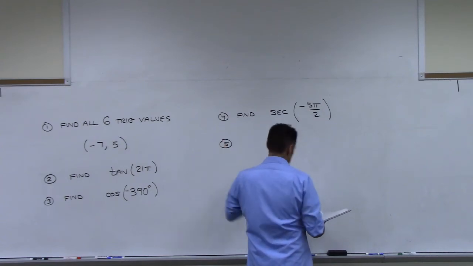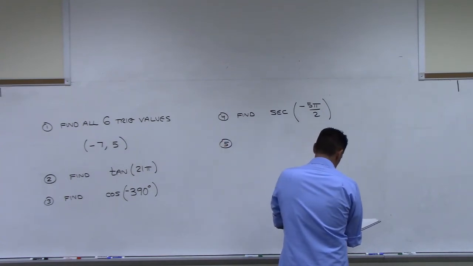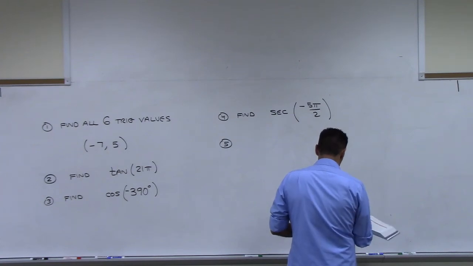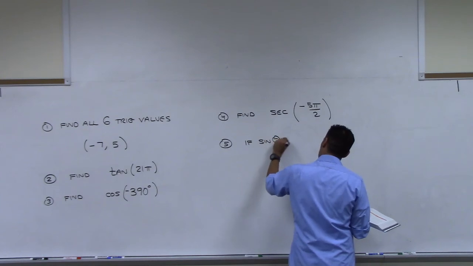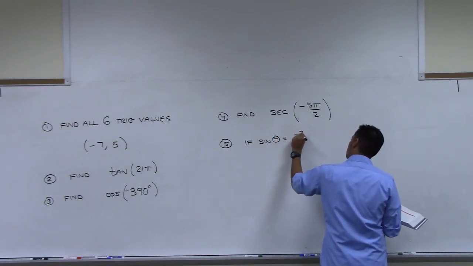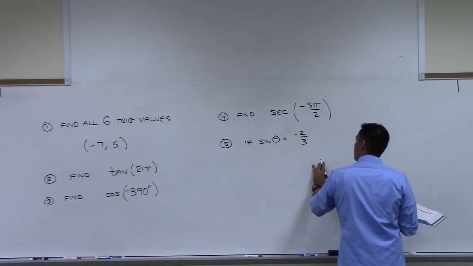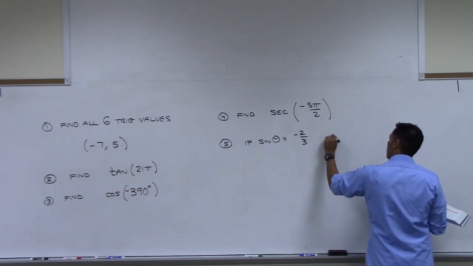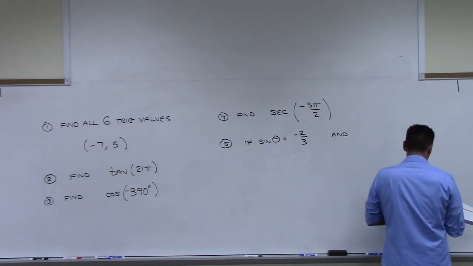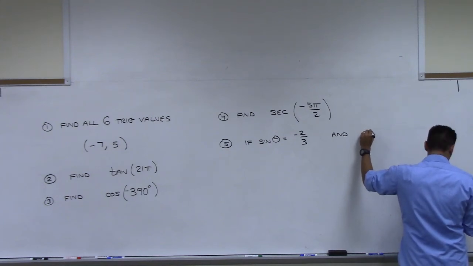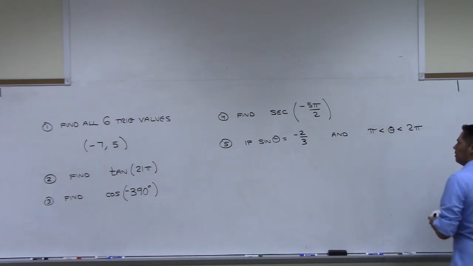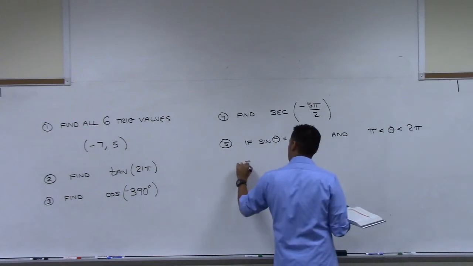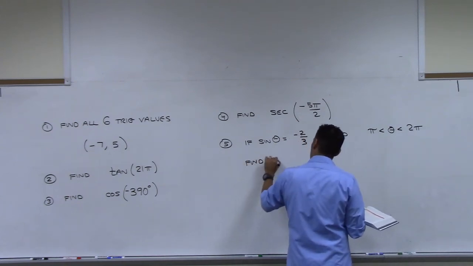Number 5. If sine of theta is -2/3 and pi is less than theta is less than 2 pi, find the other 5.